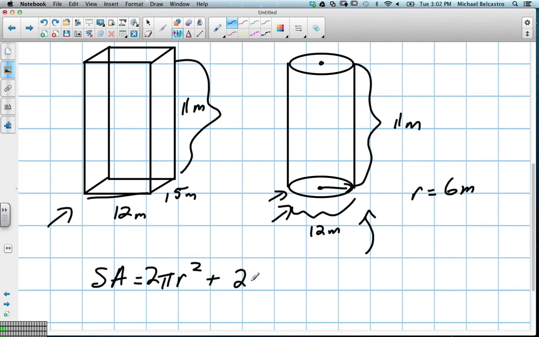So that's 2 pi r times the height, which would be the width. So this is your formula for surface area of a cylinder. If you have trouble, I can explain it again a little after. We know that in this case, our radius is going to be a max of 6, and our height is going to be a max of 11 in this question.